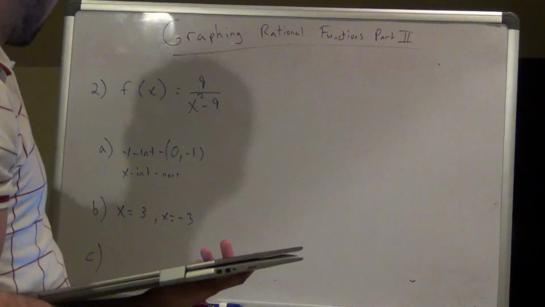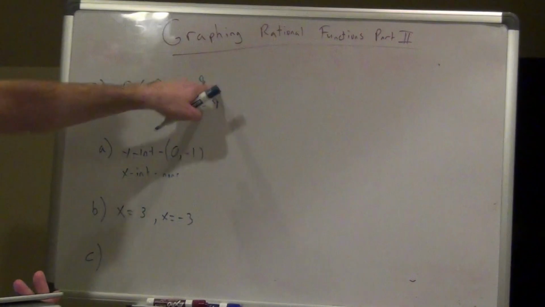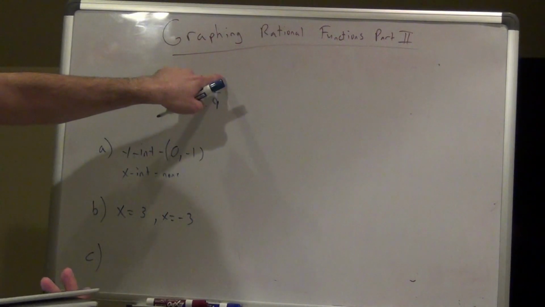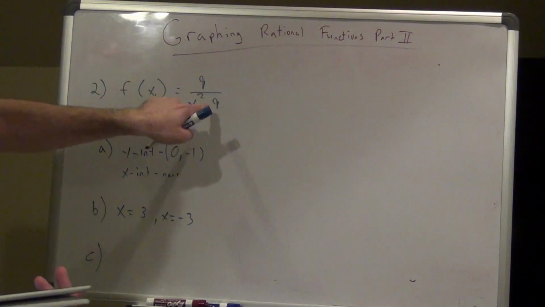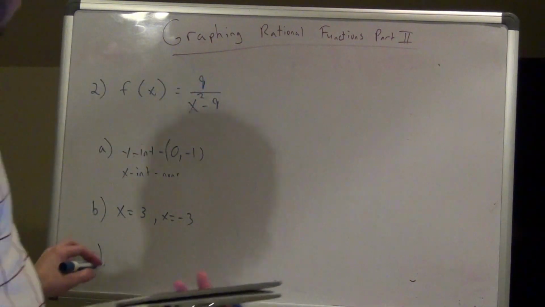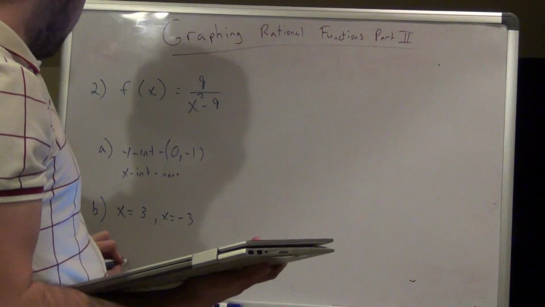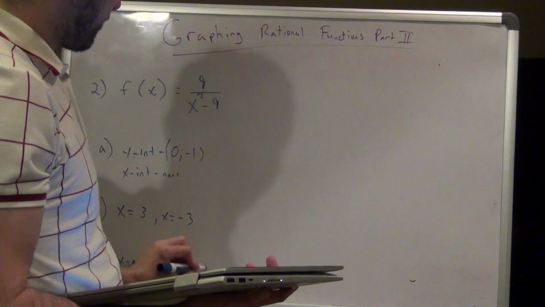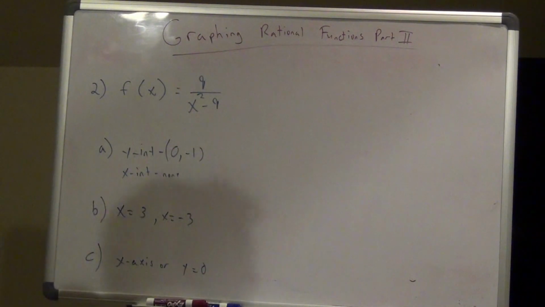For my horizontal asymptote, we see that the highest power down here is bigger than the highest power up top. Here n is 0, m is 2, because it's the highest power of x. So because of that, the x-axis, or the line y equals 0, is my horizontal asymptote. Alright, so now let's get to graphing this.